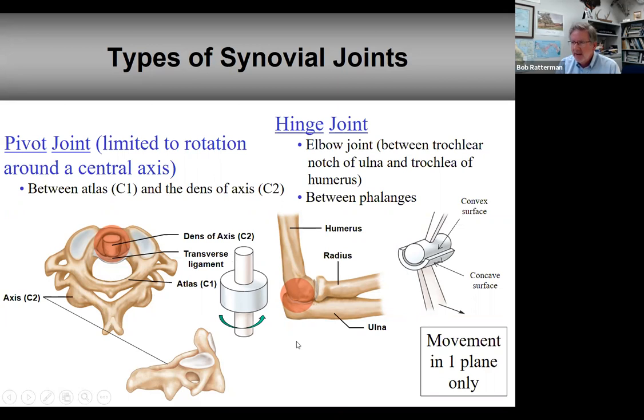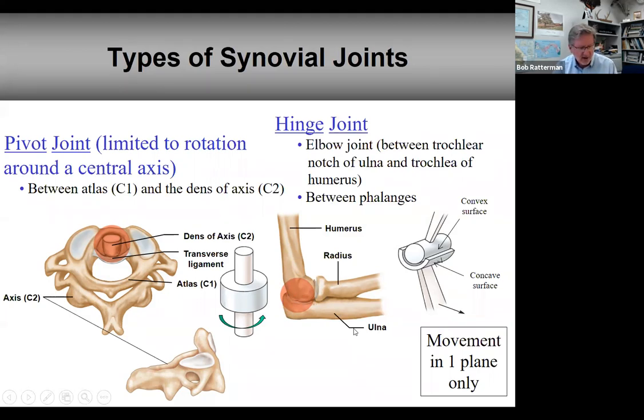A hinge joint, think of a hinge of a door, because I think that sort of describes this convex surface of one bone fitting into the concave surface of another bone. And they're telling us to look here in the elbow, although we can find it also between the phalanges, the finger bones, same idea, hinge joint. So we've got, obviously in this case, the ulna fitting into the humerus.